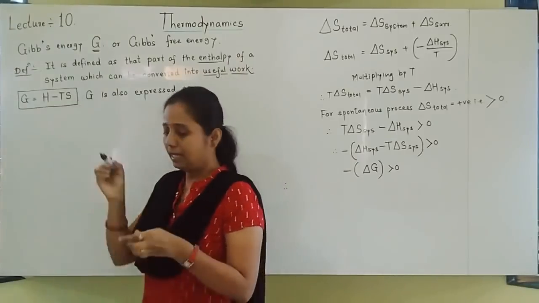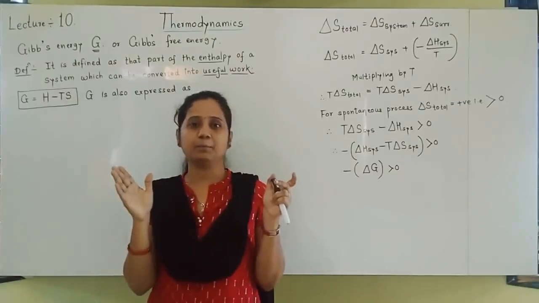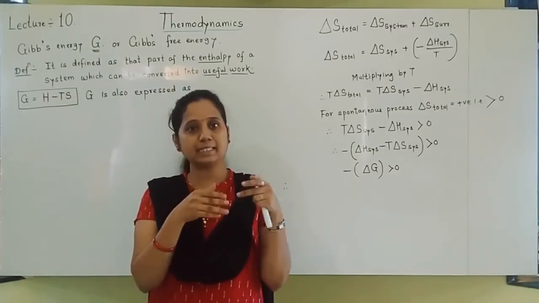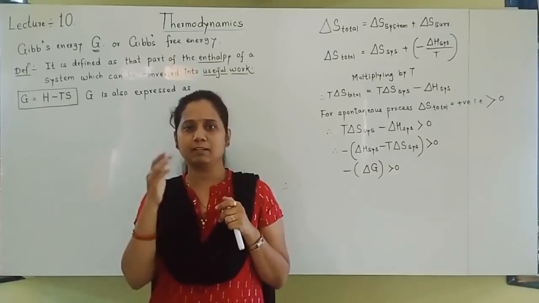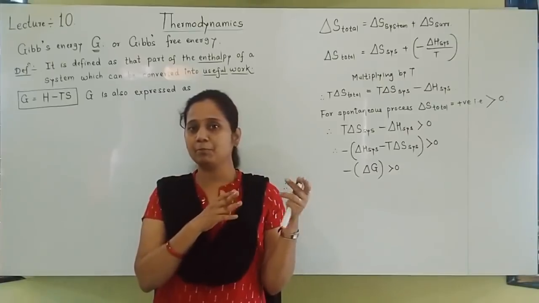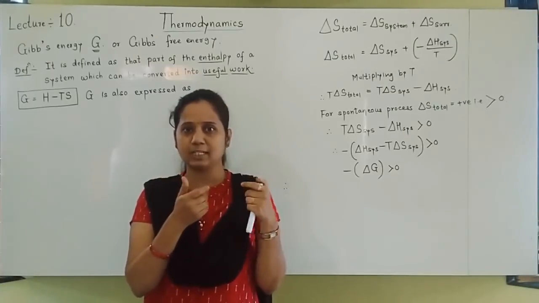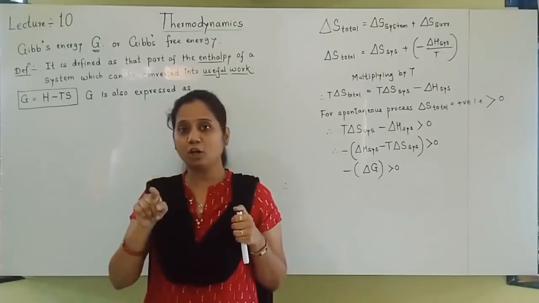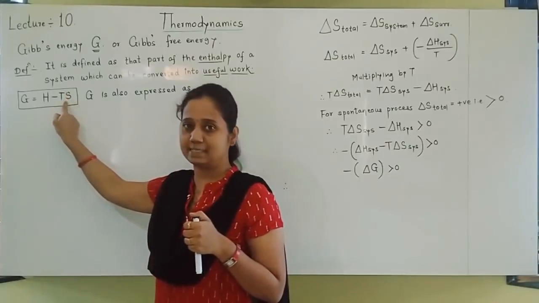I told you that whatever is the total enthalpy of the system, some part is available for performing useful work while some part is not available. The part which is available, that is called Gibbs energy, that is free to perform work. Which is not available, that is called TS.